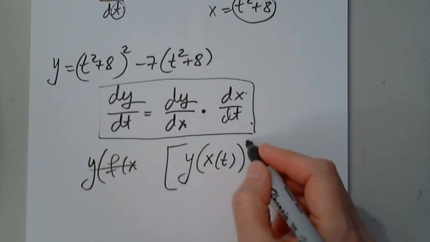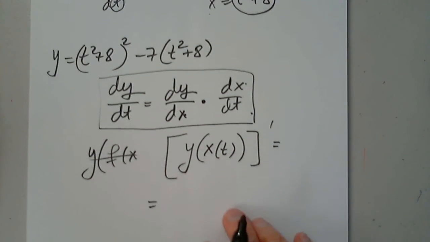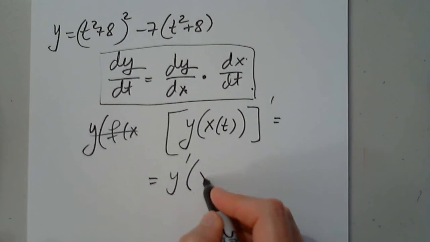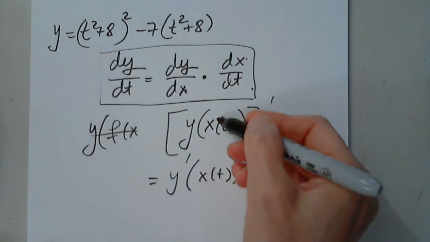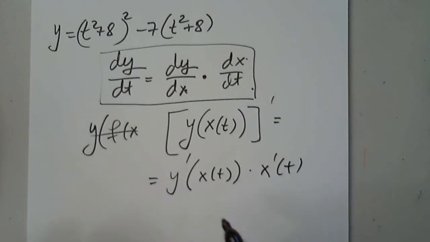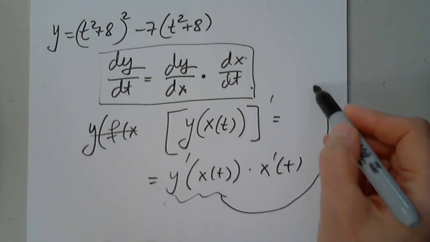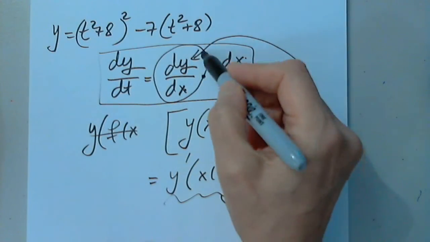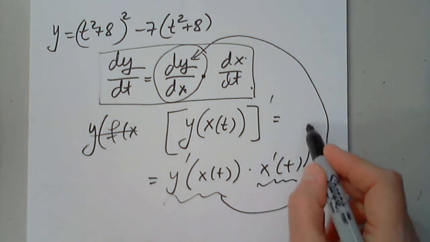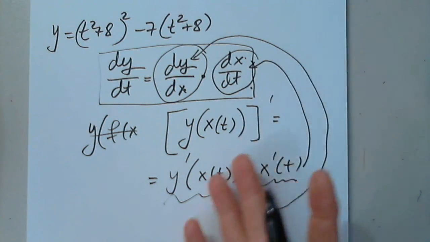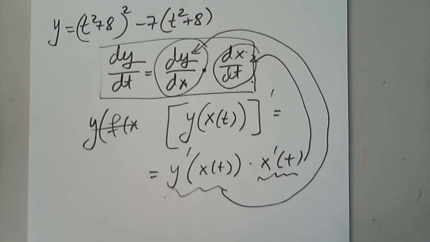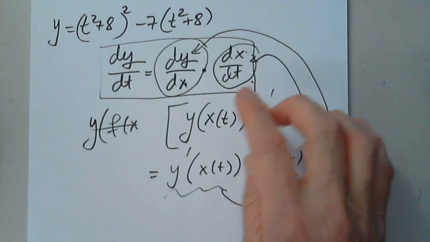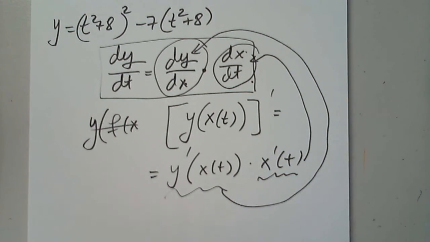So then when we differentiate, this is the chain rule. Y prime of x of t times the inner function prime. This piece is this piece. This piece is this piece. Exactly what we discussed. This is a slightly more difficult notation, but it's exactly the same thing.